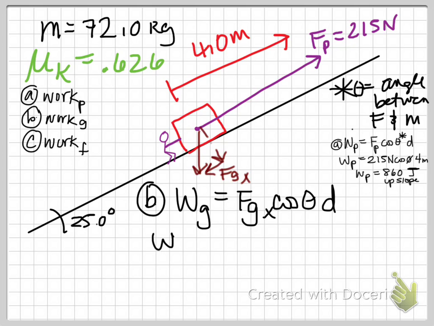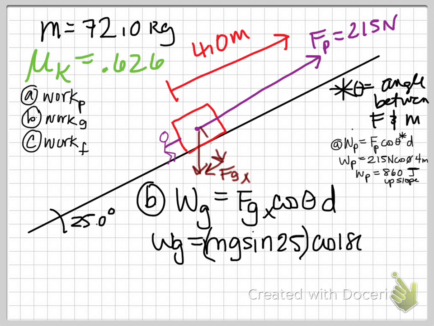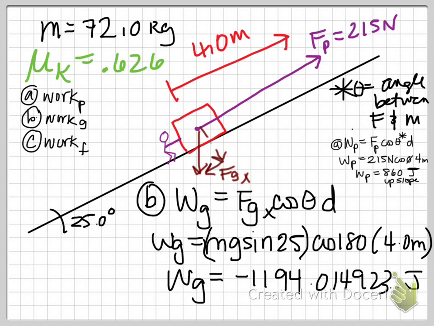So work done by gravity then equals mass times gravity times sine 25. What's the angle between the motion and the force of gravity on the x? 180. Cosine 180 times 4.0 meters. So we have an answer.